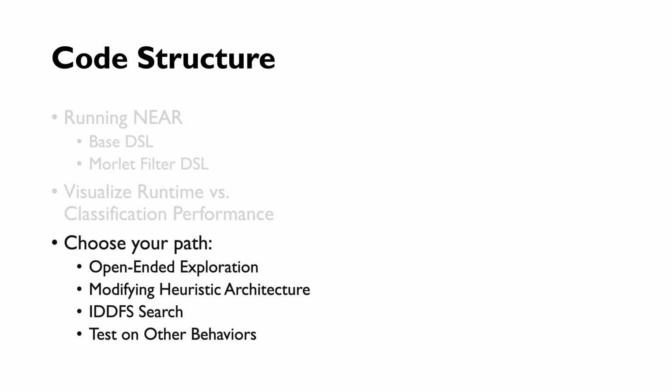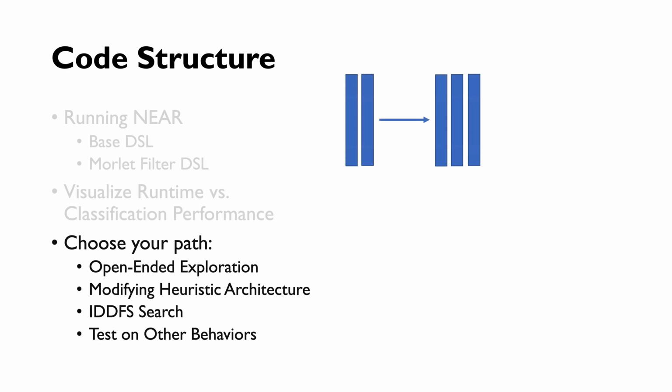In the last part of the tutorial, since there are a lot of different ways that things can go, we have a choose-your-own-path type of thing happening. So the first thing is an open exploration with a lot of suggestions, and you can modify these algorithms. For the next part, you can choose to modify the heuristic architecture. We provide to you a 2-layer neural network, but you can modify it to be 1 layer or 3 layers in the instructions.